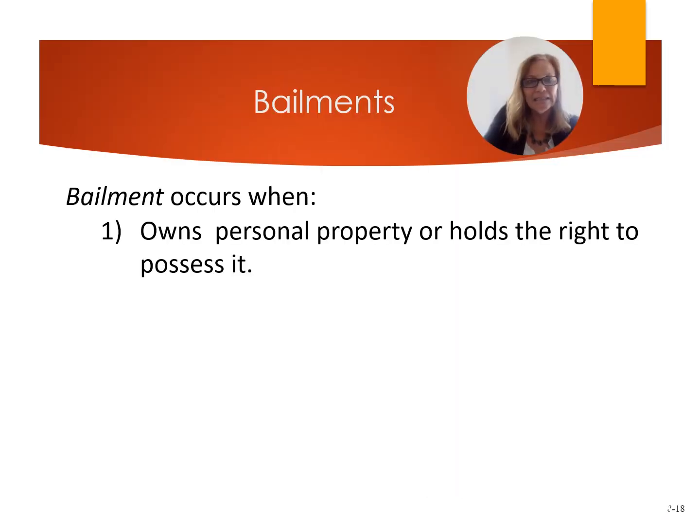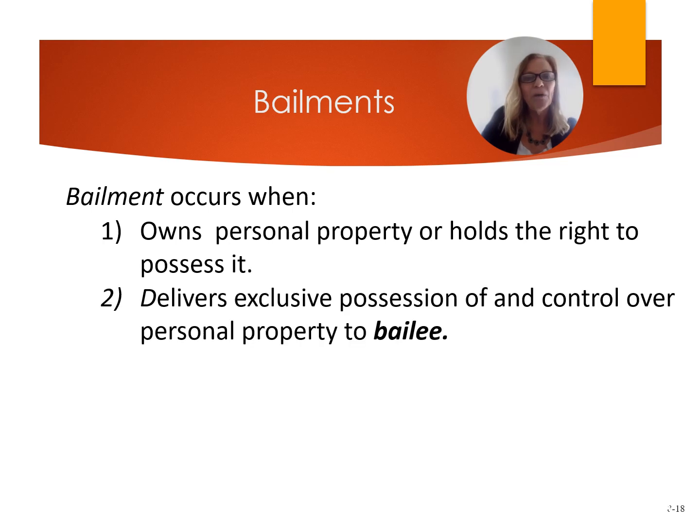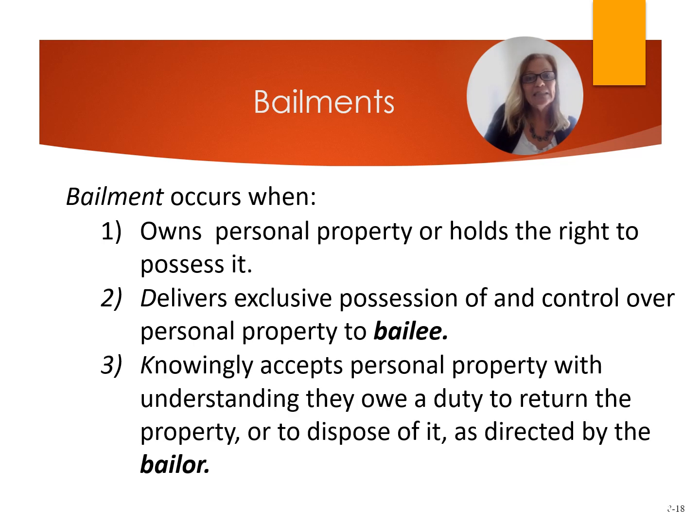A bailment is basically where a person has property and holds the right to possess it. They don't even have to own it, but they have a right to possess it themselves. And so they give it to someone else exclusively, for them to have possession and control over it. And that person is the bailee.